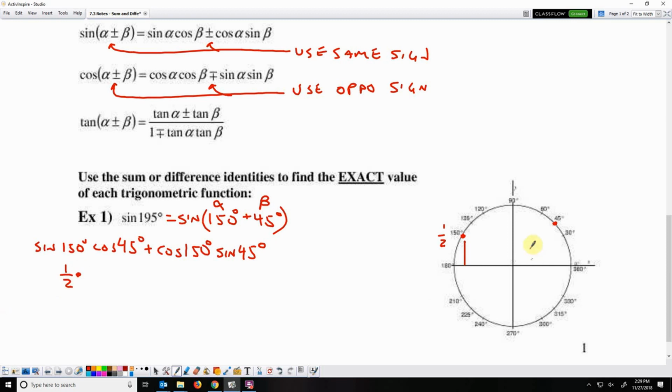Cosine at 45, cosine is an x value, and that is the second position to the right, which is root 2 over 2. Then cosine at 150, the x value at 150, that's the third position to the left, which is negative root 3 over 2.